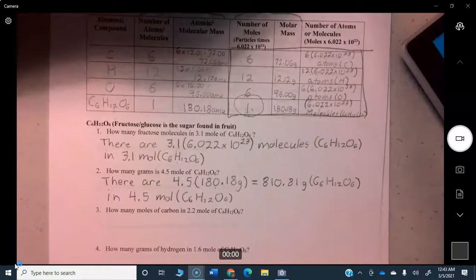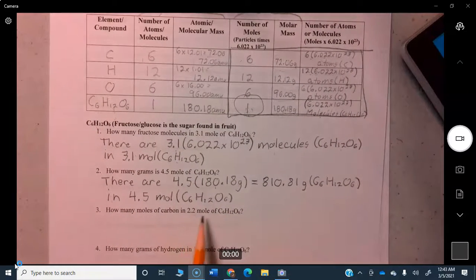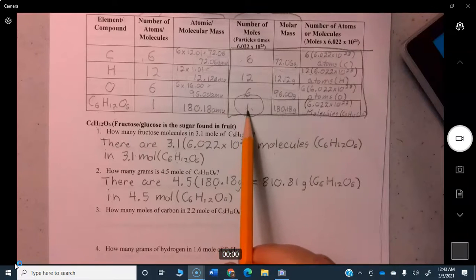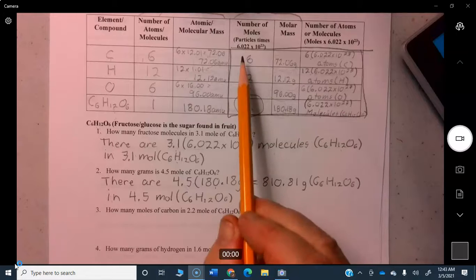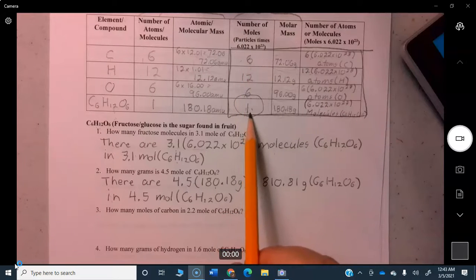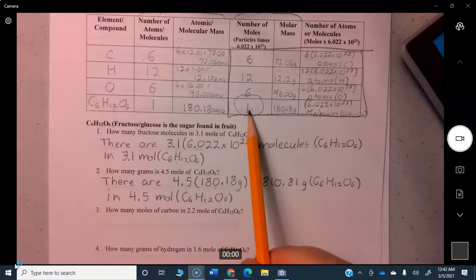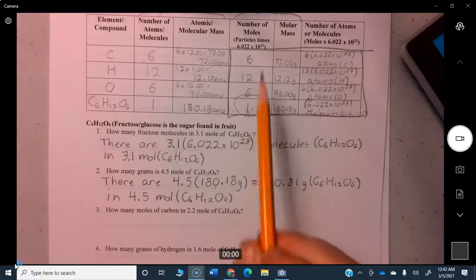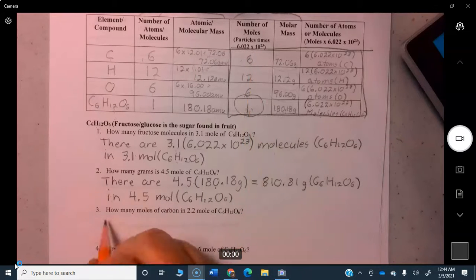How many moles of carbon in 2.2 moles of C6H12O6? So for every 1 mole of sucrose, there's 6 moles of carbon. So there's 6 times as many moles of carbon as there are moles of C6H12O6. If you want 2.2 moles, 2.2 times this, you've got to multiply this by 2.2.